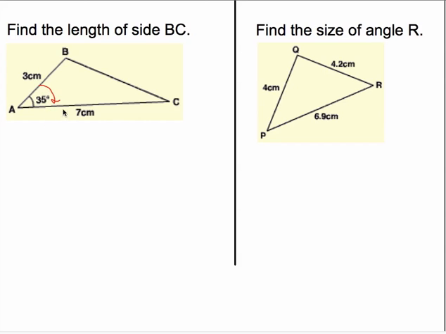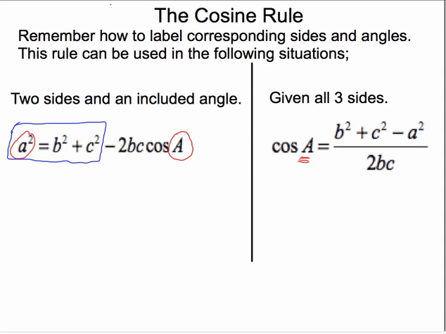That's when we use the cosine rule, and we can use it to find this side length over here. I'll call it x, or we'll call it BC. We're finding a missing side length, so we use the first version.